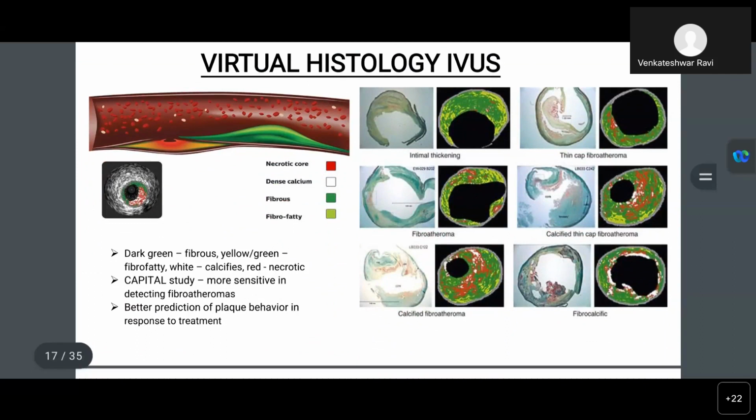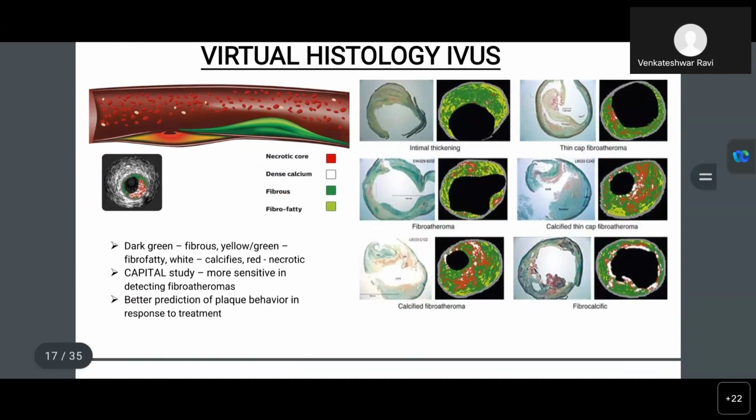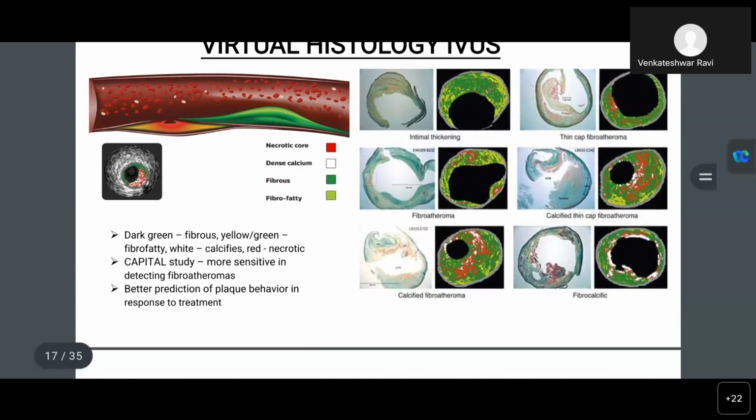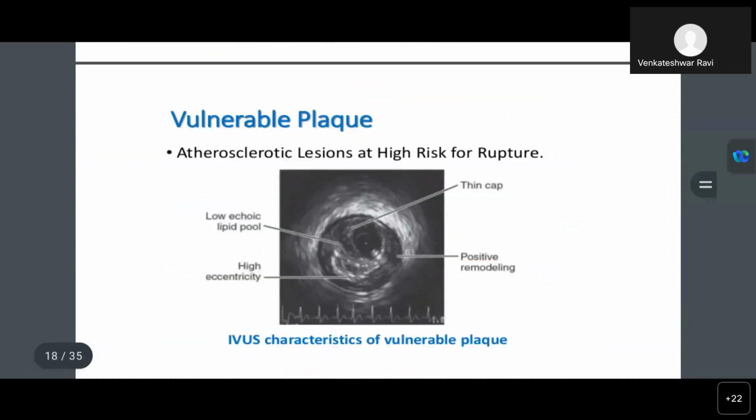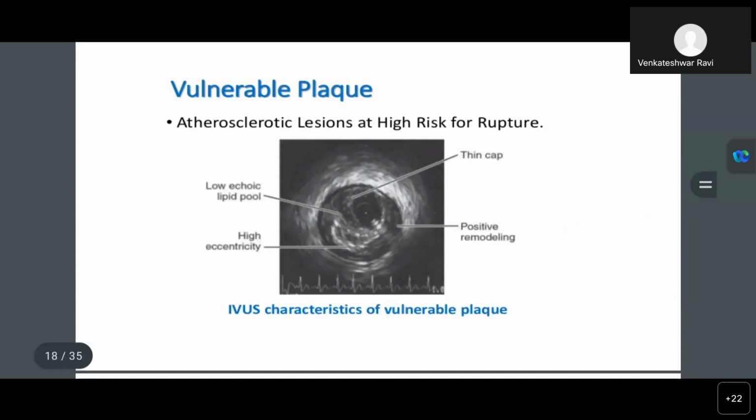The study concludes that it is more sensitive in detecting fibroatheroma than others, and there is better prediction of plaque behavior in response to treatment also. So IVUS characterizes a vulnerable plaque as one with positive remodeling, a thin cap, and a lipid pool with high eccentricity.